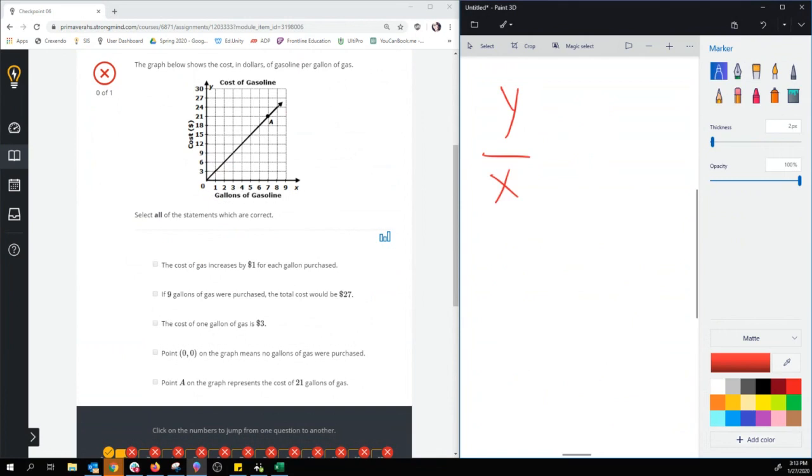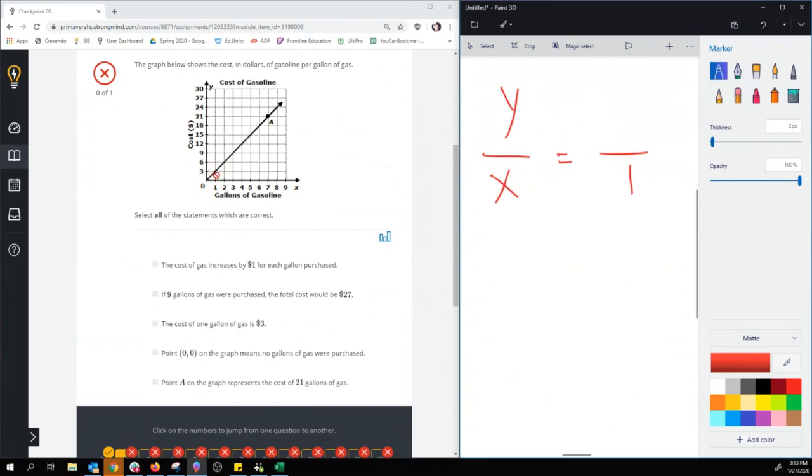And do I want the Y or do I want my X to be 1? Which one do I want to have the 1? The X, perfect. So I want to look where X is 1. So on this graph, remember, left to right, so if I look at 1 here, if I look at this point, what would be my Y?